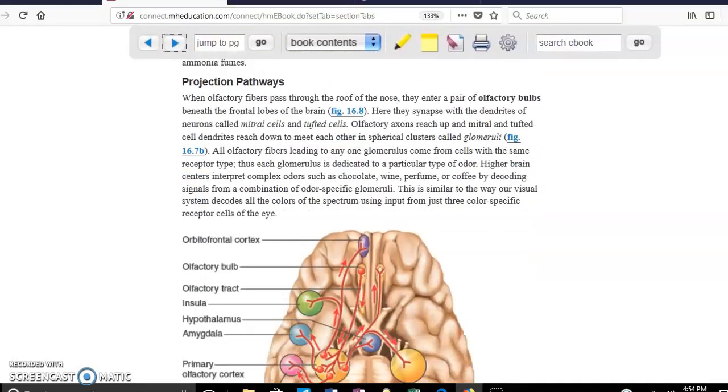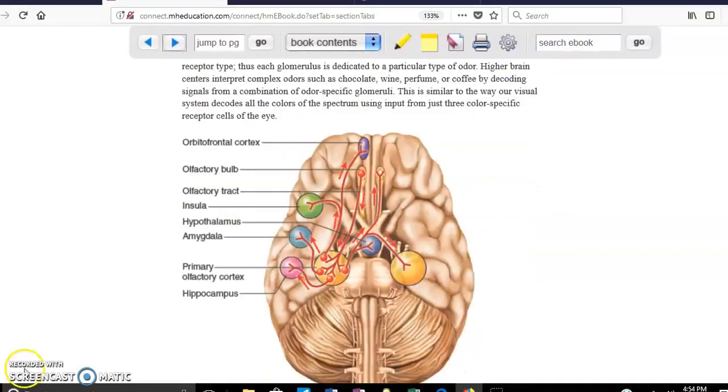If we look right here, you can see the brain. From your nose, the information goes up to your brain and reaches the olfactory bulb right here, in yellow. And then from there, the information goes down to different areas in your brain, because remember, as I mentioned before, smells are usually associated with images or sensations.